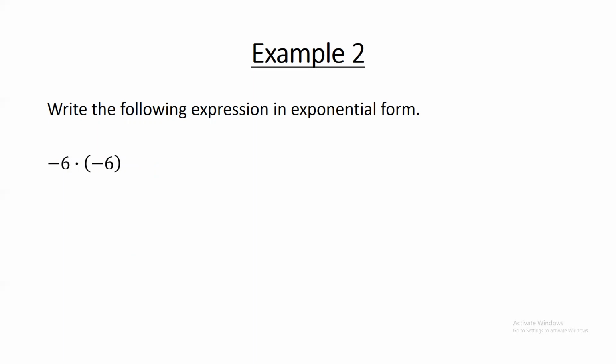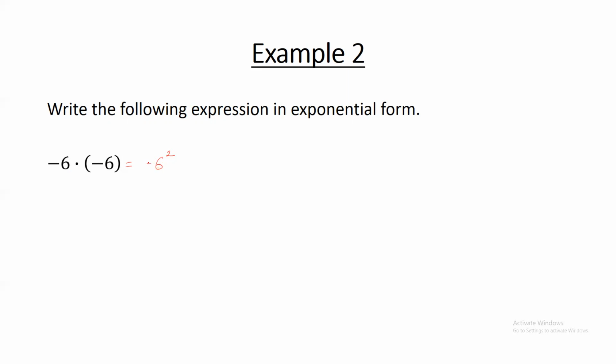Let's take a look at the next example. -6 times -6. Again, our base is -6 because that's the number that we keep multiplying by itself, and there are 2 of them, so our power is 2. Now, here you have to be careful, because if you write your expression as I did, minus sign 6 and a 2, the order of operations says what's actually being raised to the second power is the 6, right?